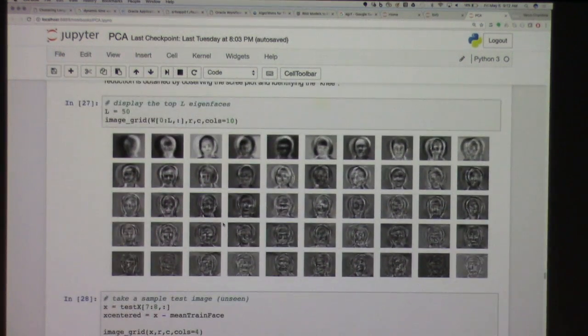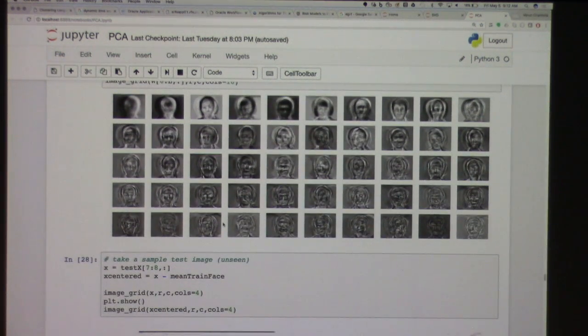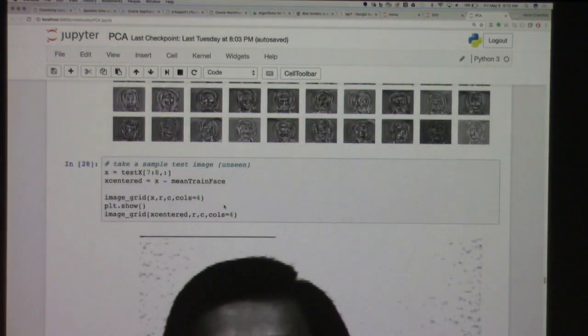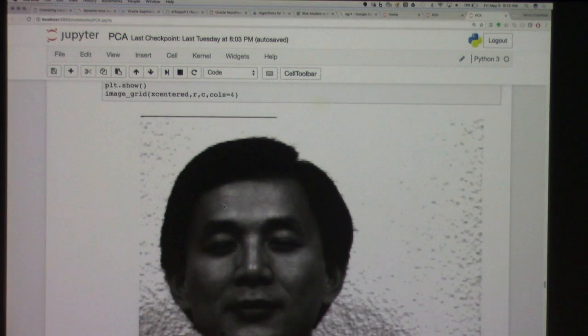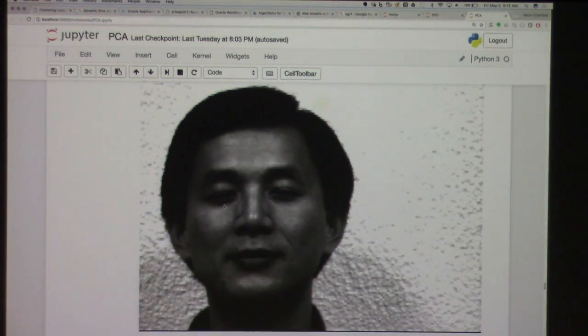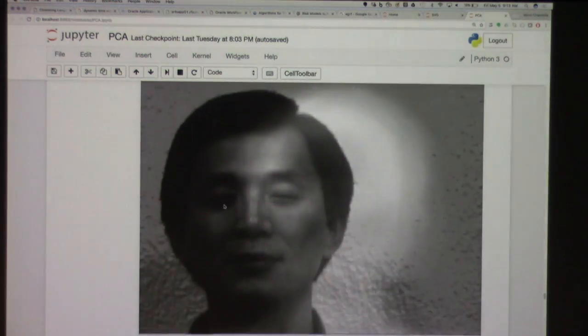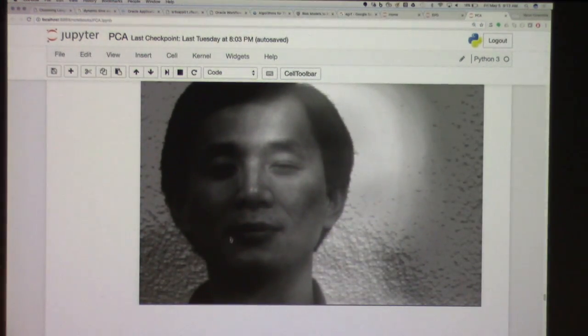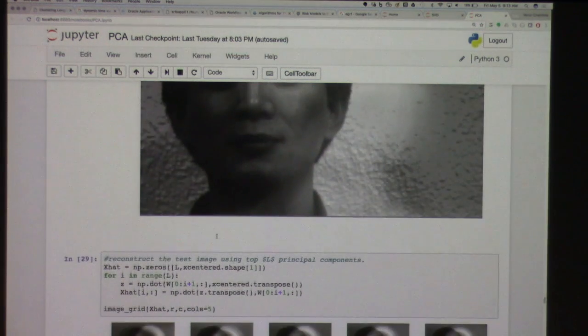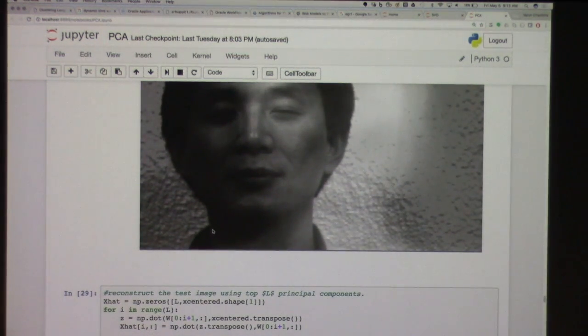Now we can construct images by using some of these eigenfaces. For example, let's take a test image. This is the person, a test image, right? I've just reshaped it and centered it. This is what the centered image looks like. Now I take this image and embed it into, let's say, the first principal component.